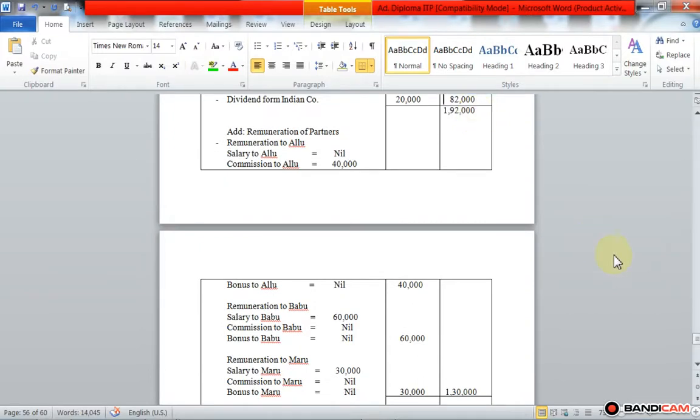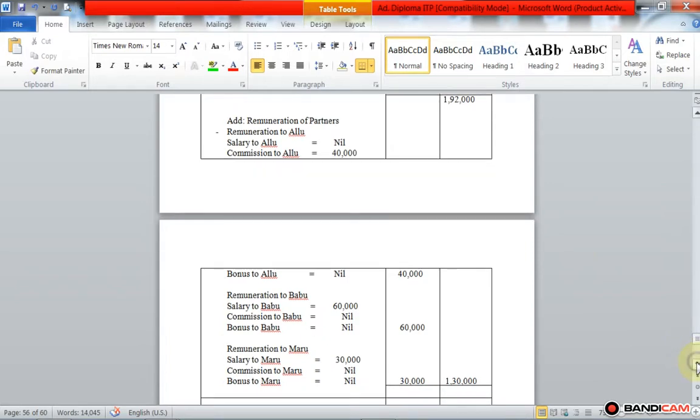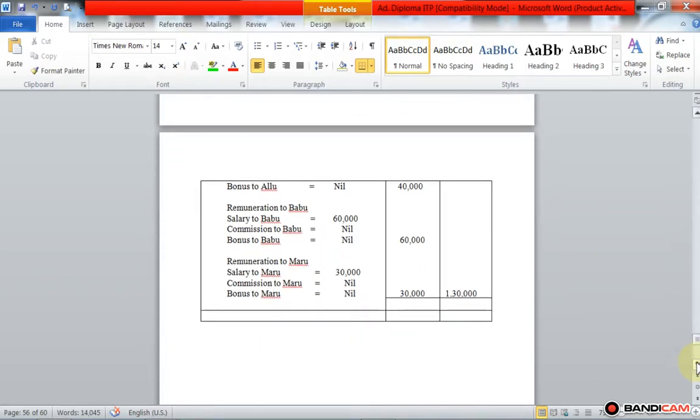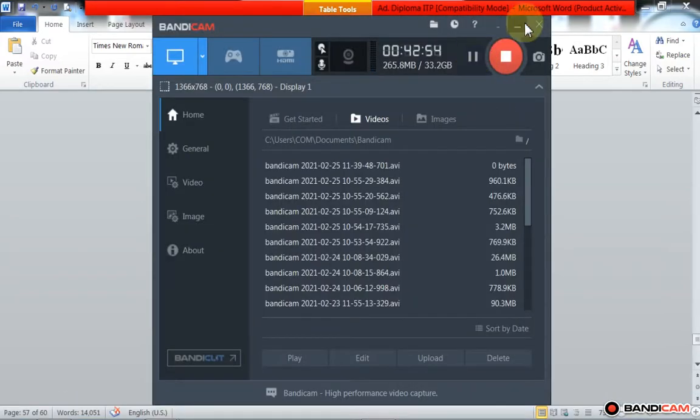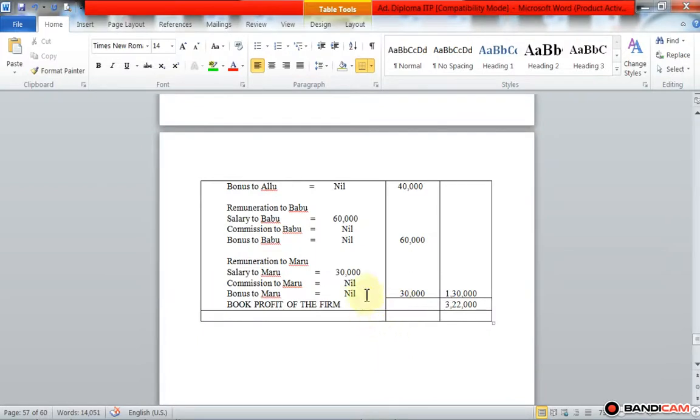We get 3,22,000, and that amount is called book profit of the firm.